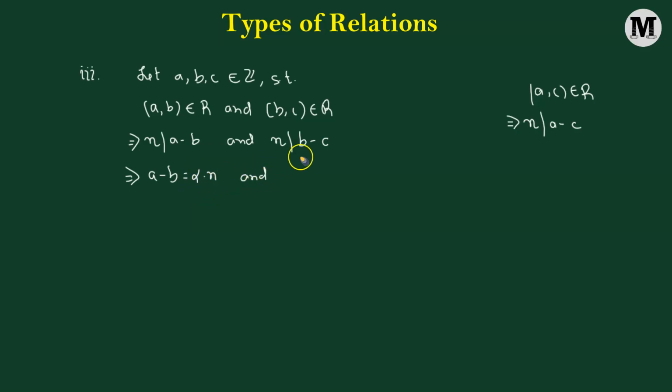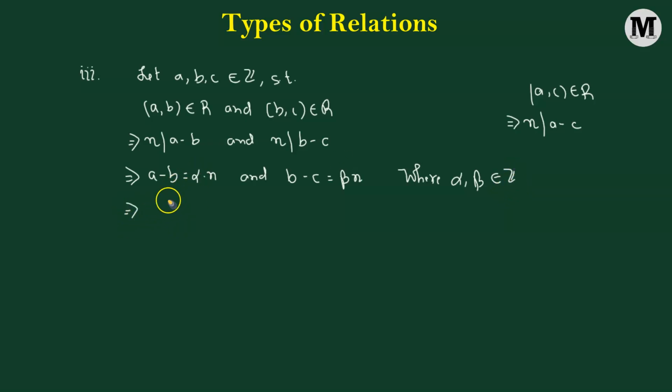And n dividing b minus c can be thought of as b minus c equals some beta times n, meaning b minus c is a multiple of n, where alpha comma beta are some integers. We don't have to worry about the values.